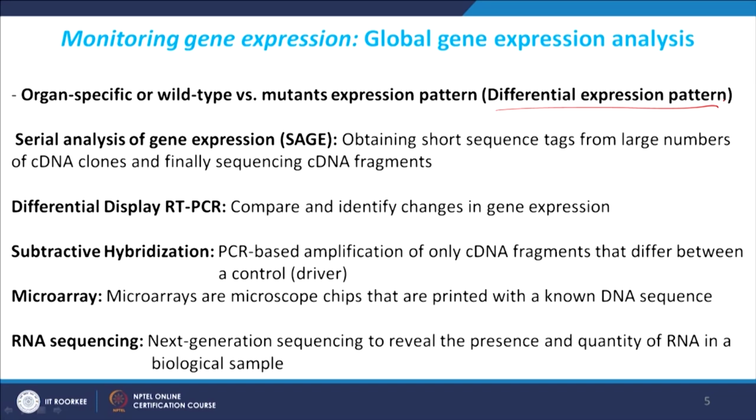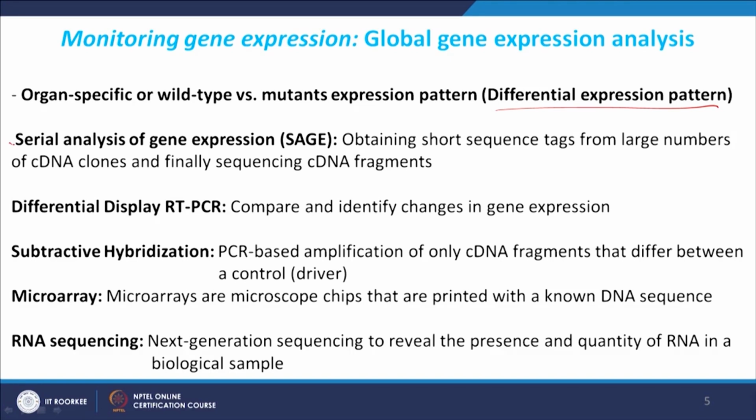Then you take the genomics based approaches and identify all the genes which are differentially expressed between two conditions or two organs. And there are many ways to study differential gene expression. I will list some of them here, but we will focus on only a few.